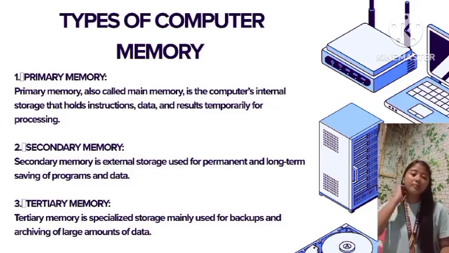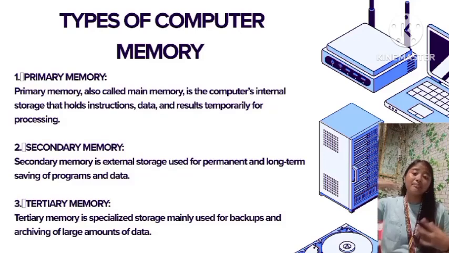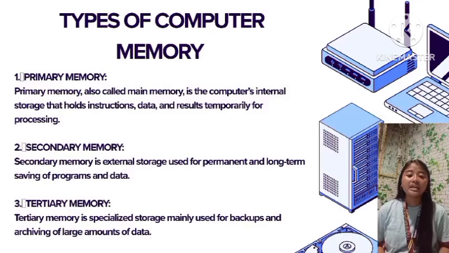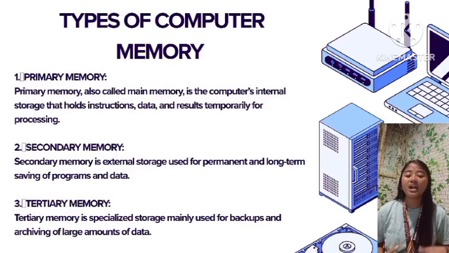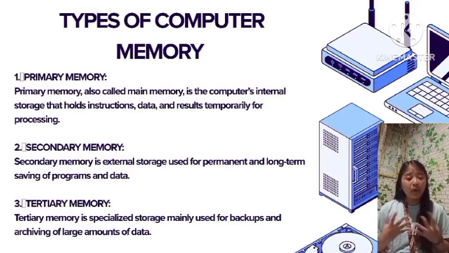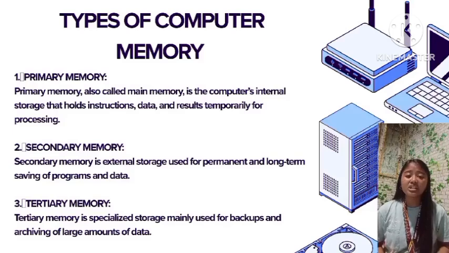Why temporarily? Because primary memory is volatile, which means the data is lost when the power of the computer is turned off.